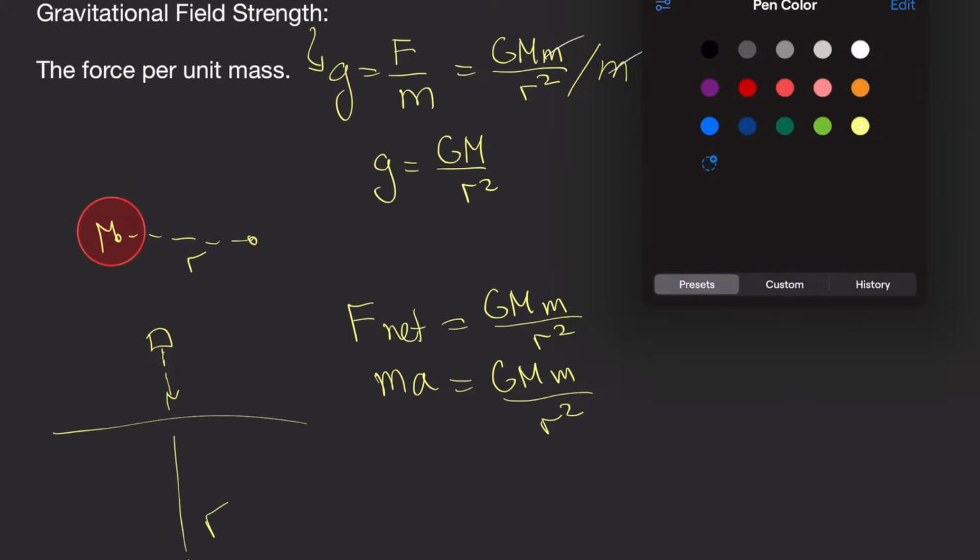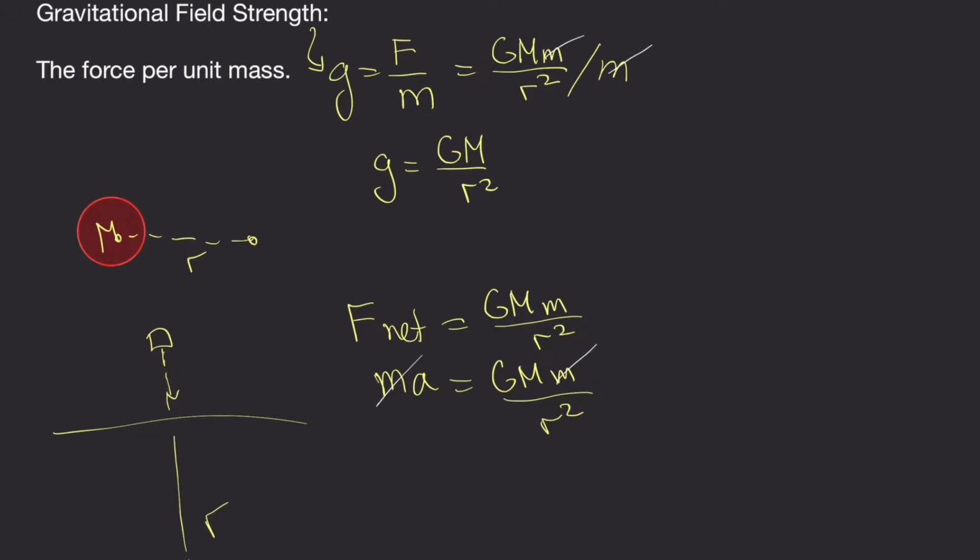And notice how our masses are going to cancel out. This here is just the mass of the object that is falling, and capital M is, let's say, the mass of the Earth. Well, the acceleration is GM over r squared. Well, this is just another word for gravitational acceleration, g, which is just equal to GM over r squared, i.e. gravitational field strength.